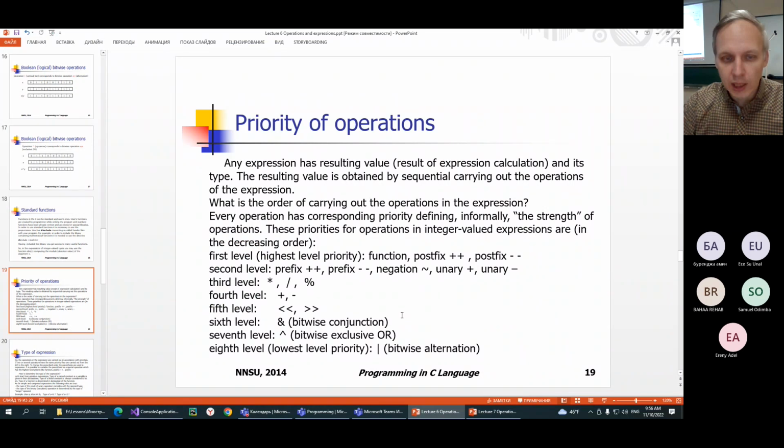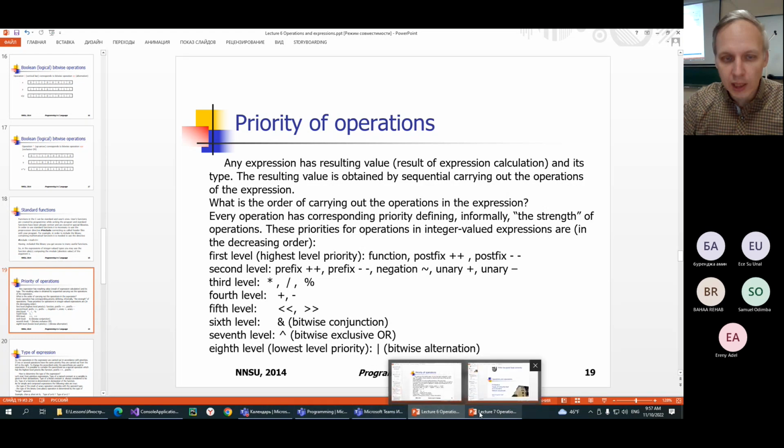All the operations have priority. For traditional operations like addition, subtraction, multiplication, I think you guess that the priority of multiplication is greater than the priority of addition.